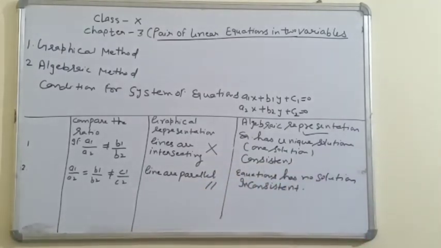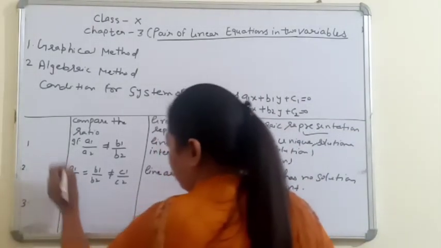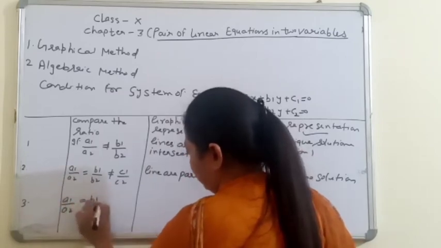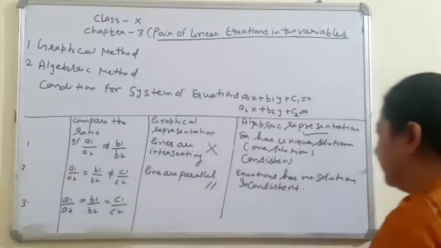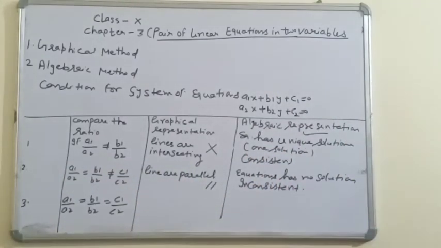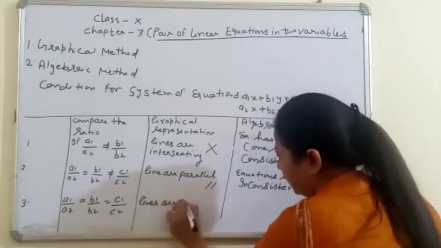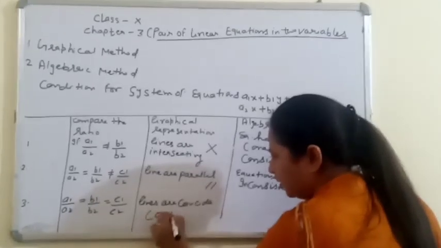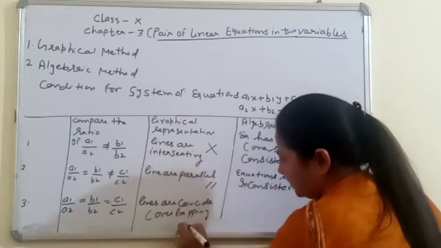Now the third one: if these three ratios are equal, if a1 upon a2 equal to b1 upon b2 equal to c1 upon c2, then the lines coincide, or we can say they are coincident, or overlapping, just like this.